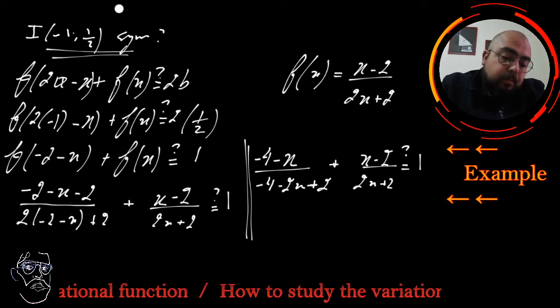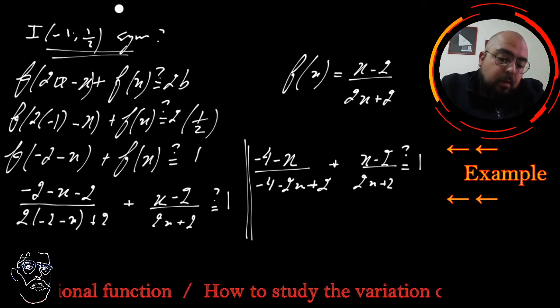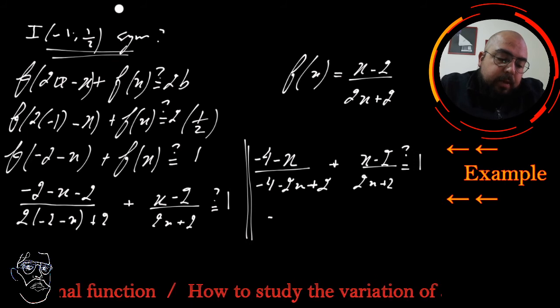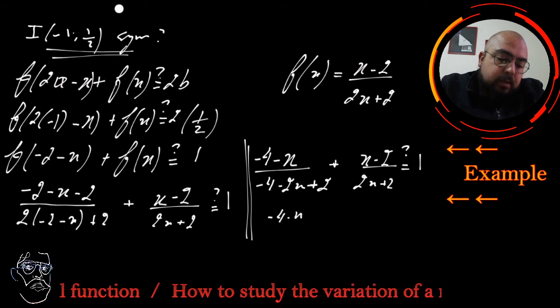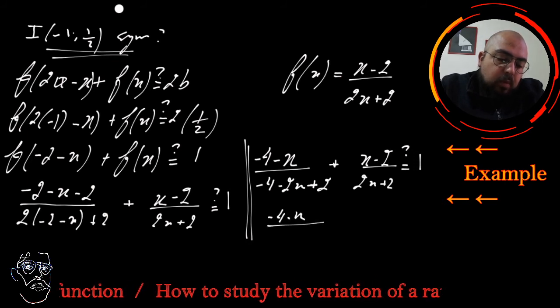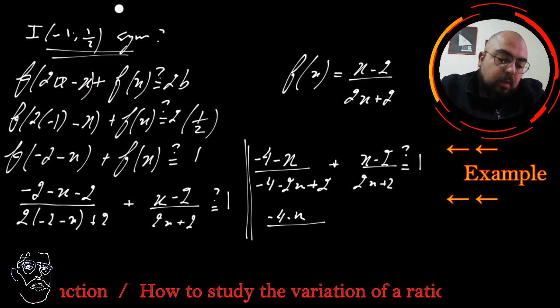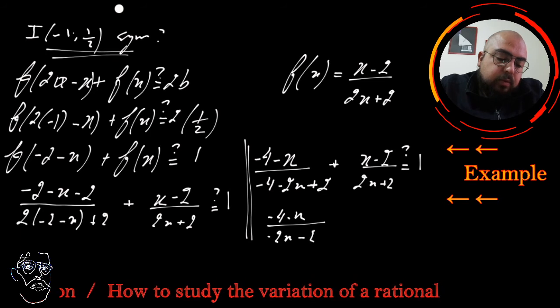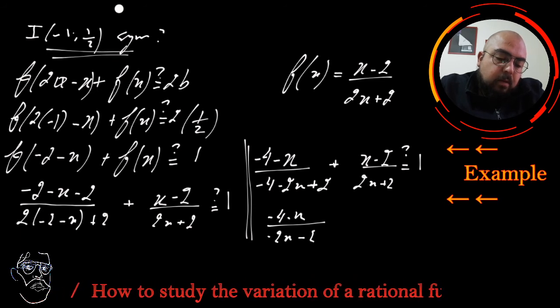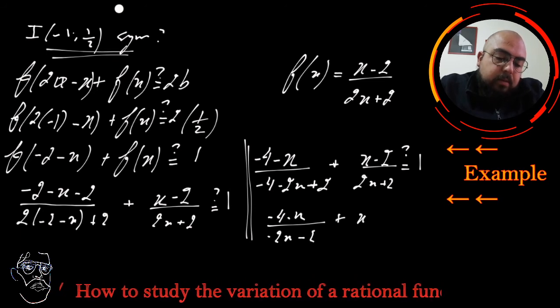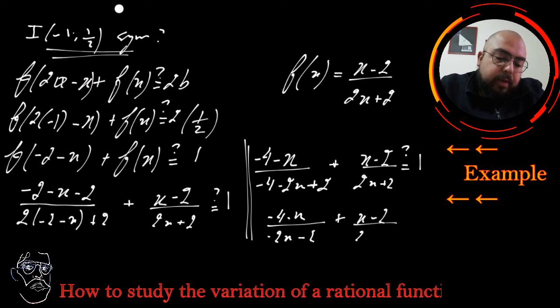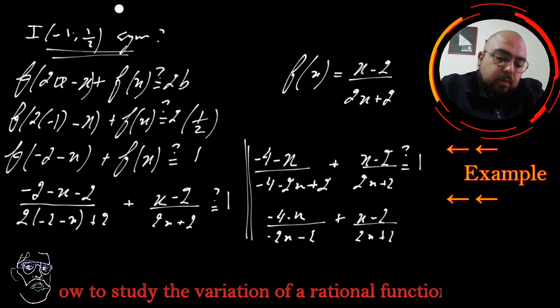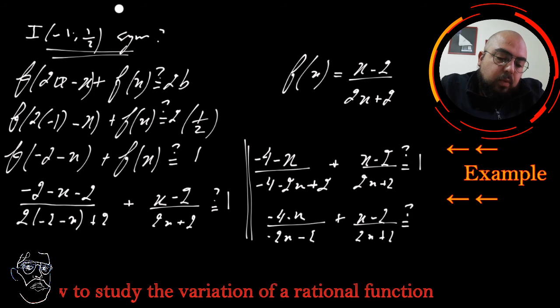So it will be minus 4 minus x over minus 2x minus 2, plus x minus 2 over 2x plus 2, is it equal to 1?